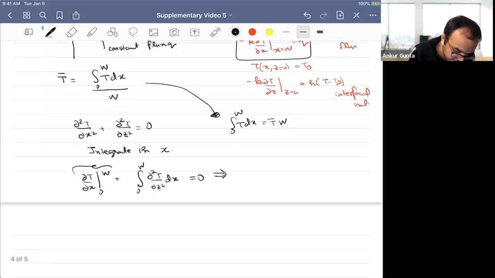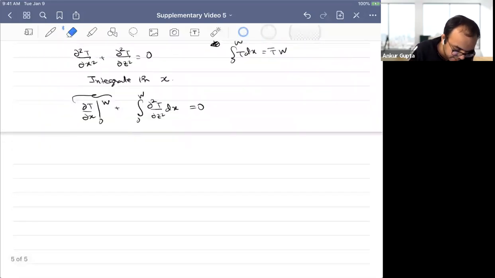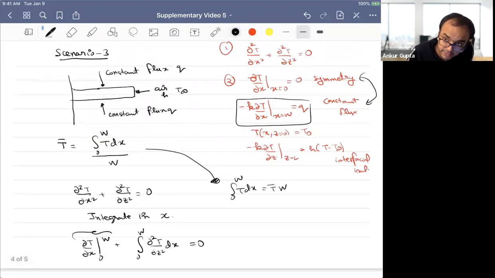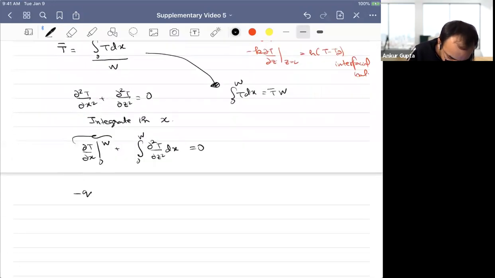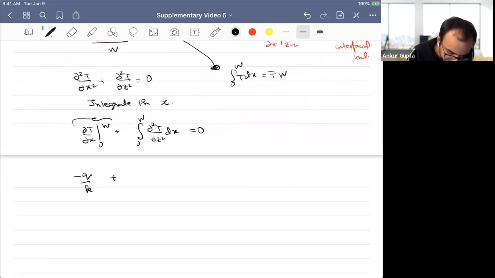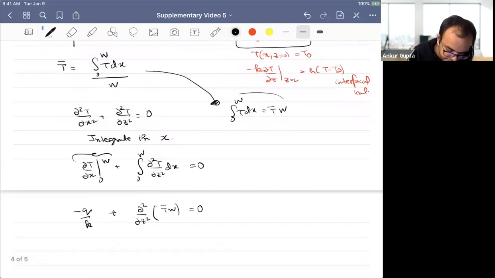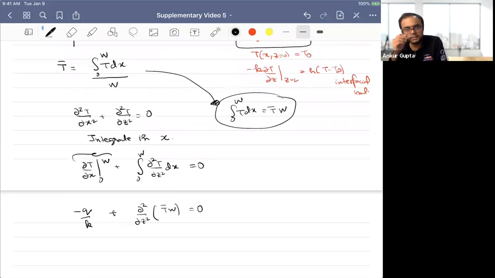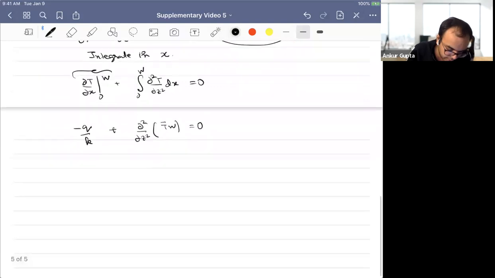Let me go slow; maybe it's going a bit fast. Del T by del x at W is minus Q by k. The other is 0 because of symmetry, plus del² by del z² of T bar times W, because of this factor. I'm integrating T with respect to x with limits 0 to W, and that's T bar W. Finally, this implies that del²T bar by del z² is Q by kW.